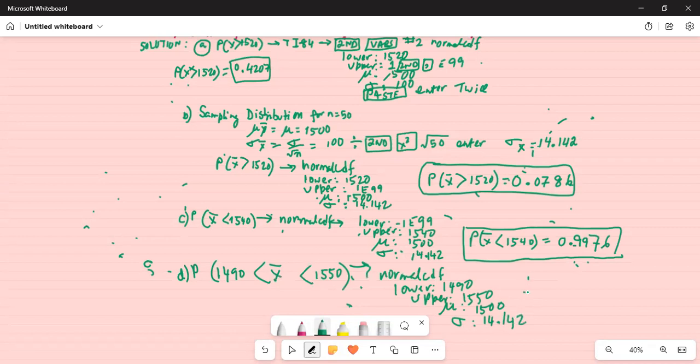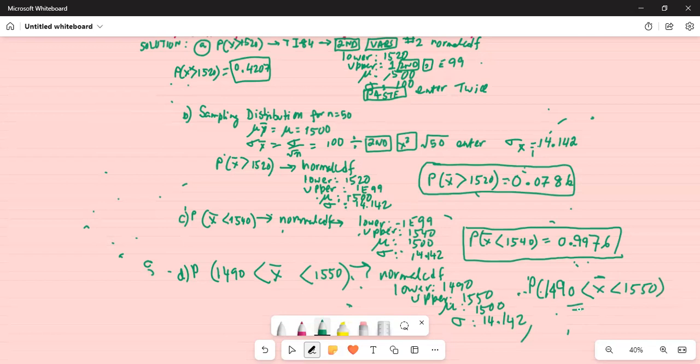So the probability 1490 less than X bar less than 1550 is equal to second vars number 2, lower is 1490, upper is 1550.